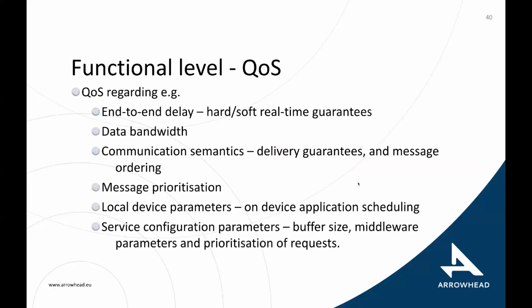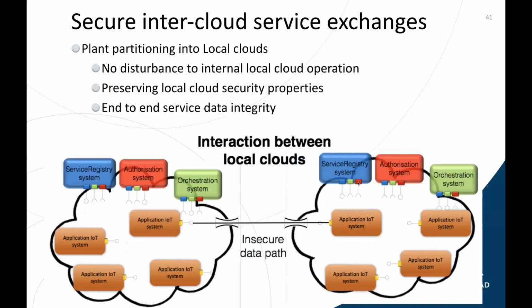We like to provide quality of service, so monitoring real-time situations, and providing support for changing the networking. If we're adding more things into a local cloud, we can say that yes, this is possible or not possible. And we need secure inter-cloud service exchanges.